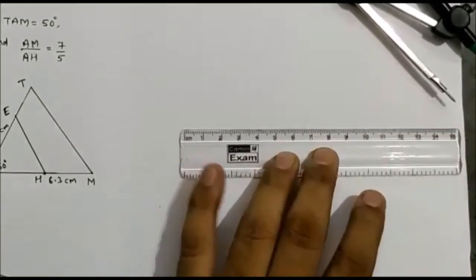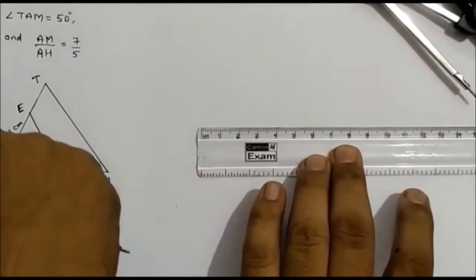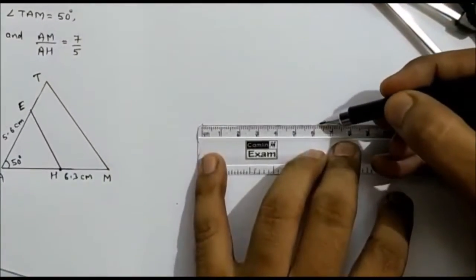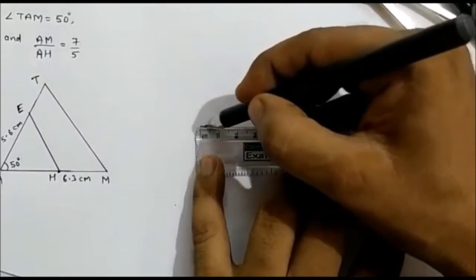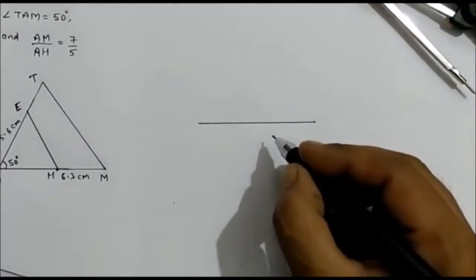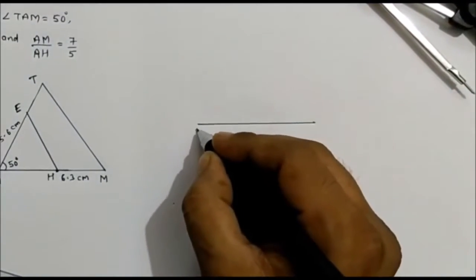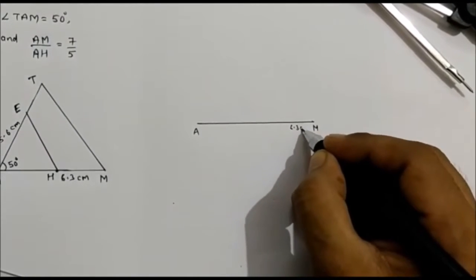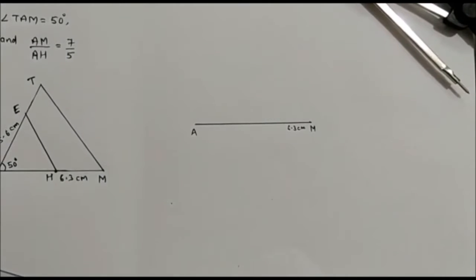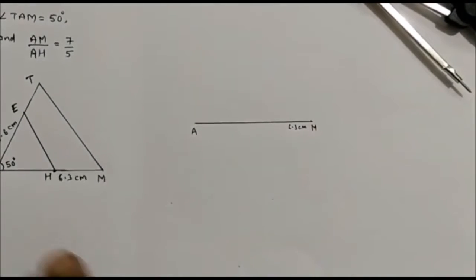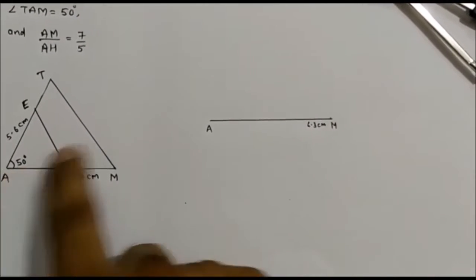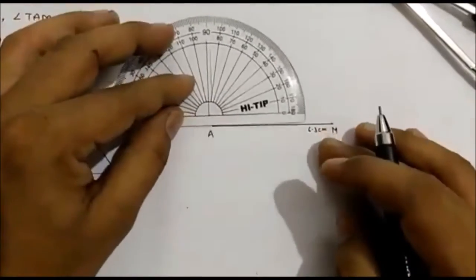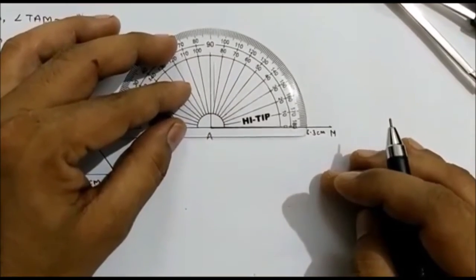Now let us see the construction. We'll draw the base AM, 6.3 centimeter. You can draw the base AM 6.3 centimeter, and we draw an angle of 50 degree at point A. Take the protractor and draw an angle of 50 degree.